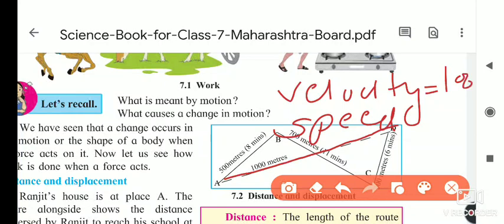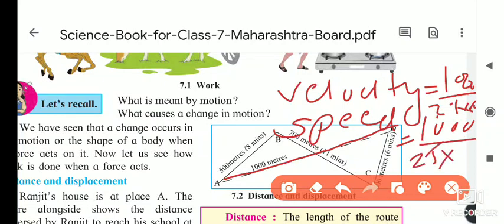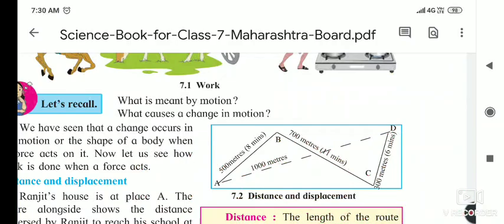So 1000 upon 25 into 60. And for speed also the same thing will be there: speed is equal to distance upon time into 60. So the values are the same. So if you choose the AD path, then velocity is equal to speed. Okay, understood?